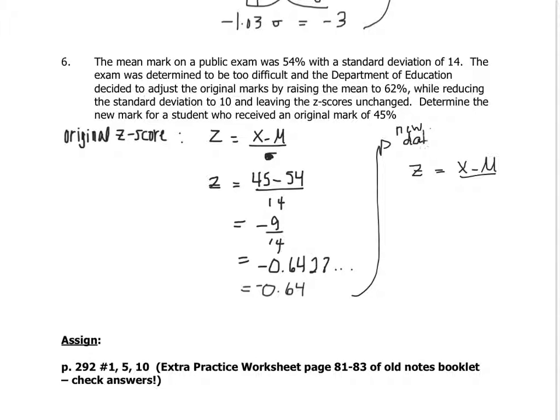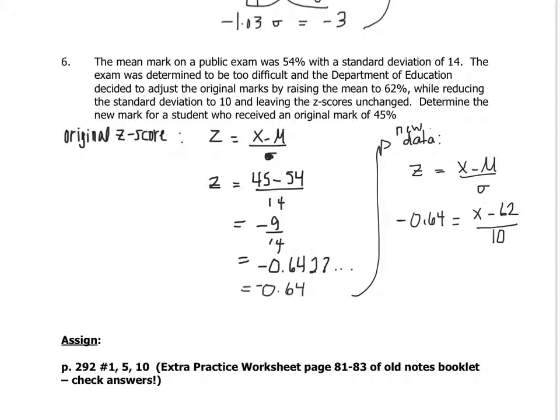We have x minus mean over the standard deviation, and the z-score is not going to change, so the z-score would still be negative 0.64. We don't know the new data value, but we do know the mean has been raised to 62, and we do know that the standard deviation has been reduced to 10.